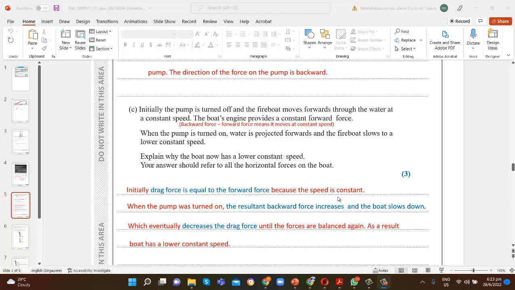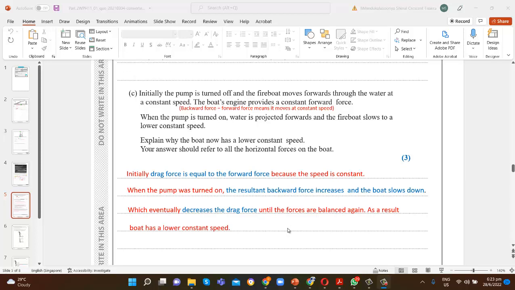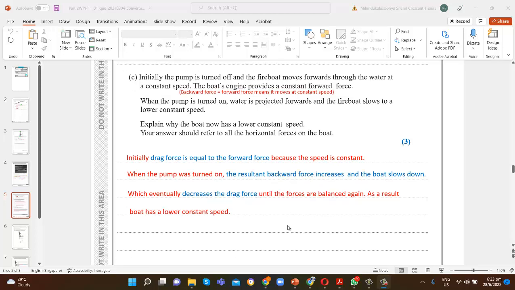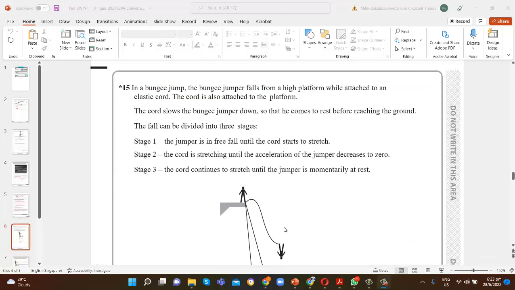So that means eventually the drag force decreases until the forces are balanced. As a result, the boat has a lower constant speed. I hope you understand. Okay, it's clear. So move on to 15.